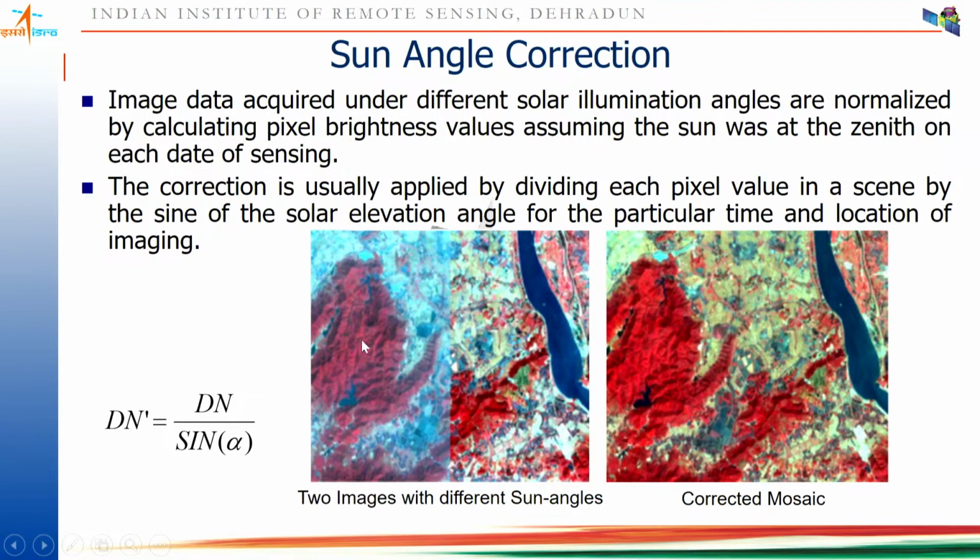So each DN value in an image should be divided by the sine of its solar elevation angle. Then you get imagery which can be mosaicked together, and the effect of differential sun angle is removed.